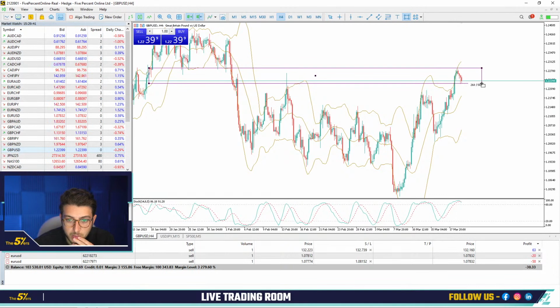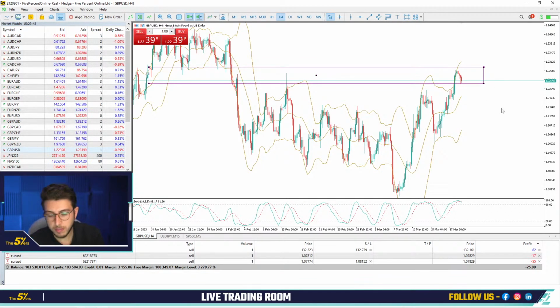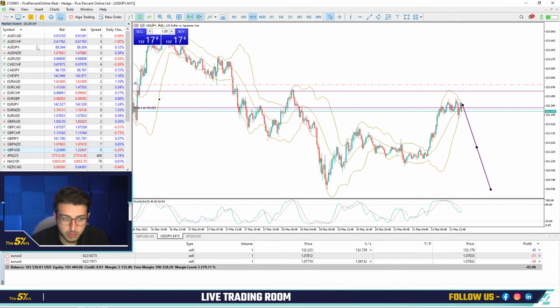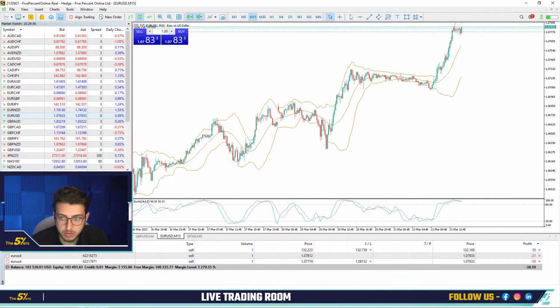Again, this is quite the same setup as the euro. It's not so clear on the pound USD. I don't know why I didn't look at that chart earlier, but this is not so clear. In the Euro USD, it was clear regarding the trade I would like to take.